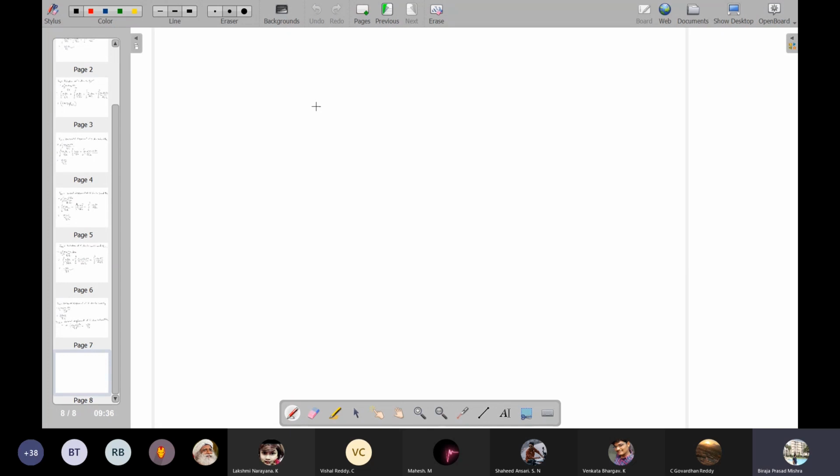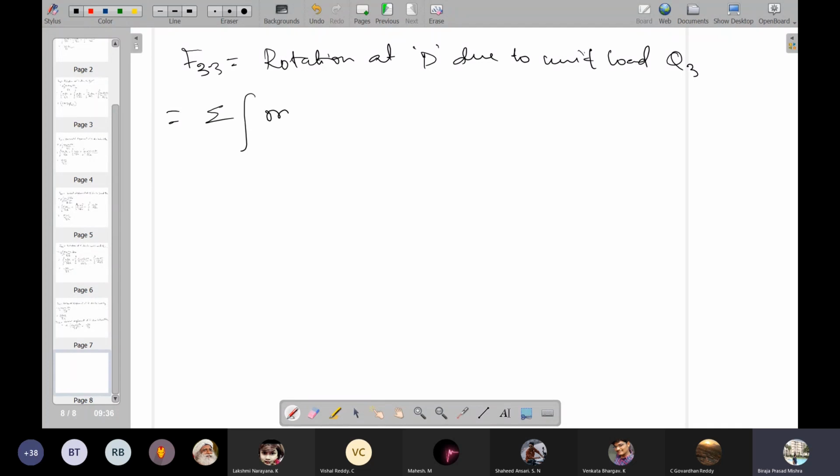Similarly, F33 equals the rotation at D due to unit load Q3, so equals the summation of the integration of M3 square dx divided by EI.